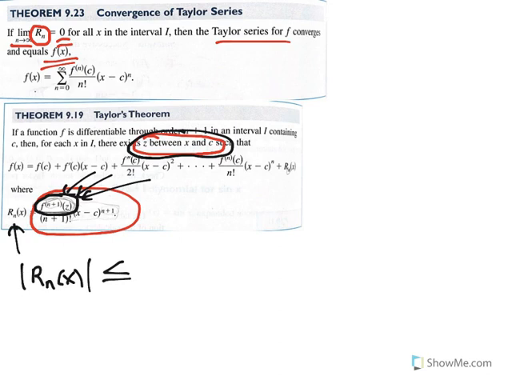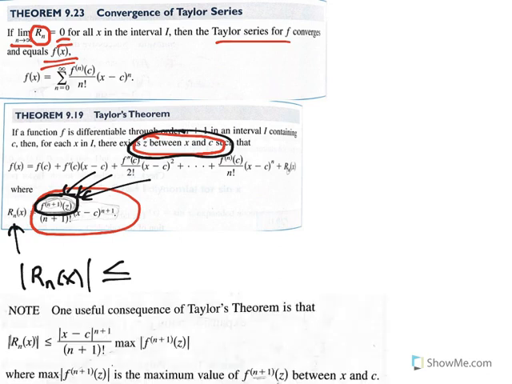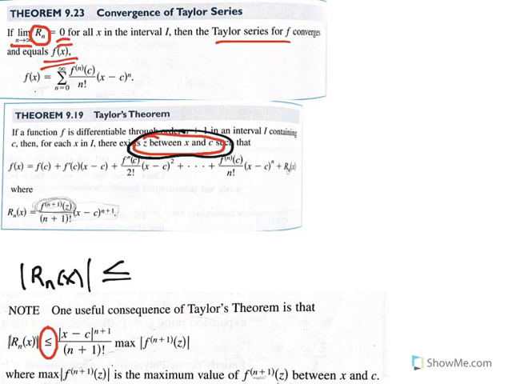So the upper bound for the error has to be less than or equal to, again, the error is the absolute value of the remainder, and you're just saying, let's put absolute value, and let's make the error the largest it could be, so that we would have an upper bound for the error.